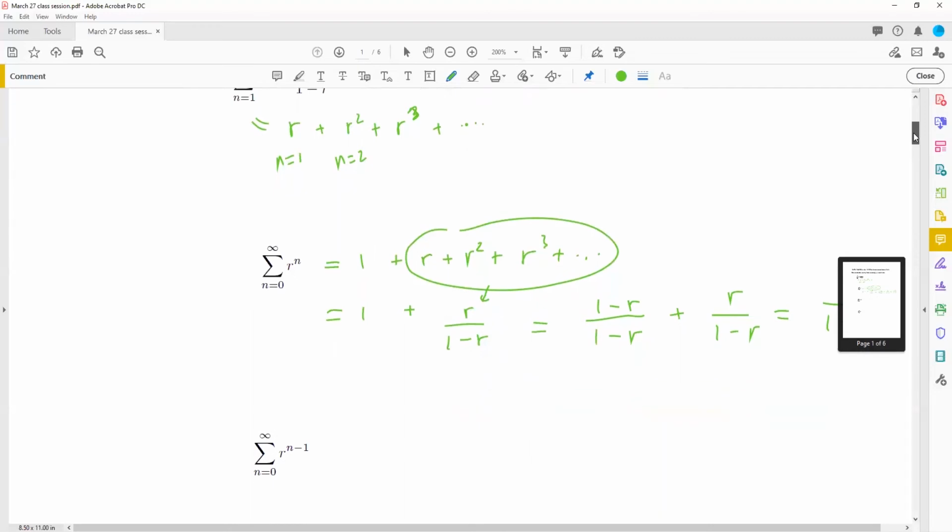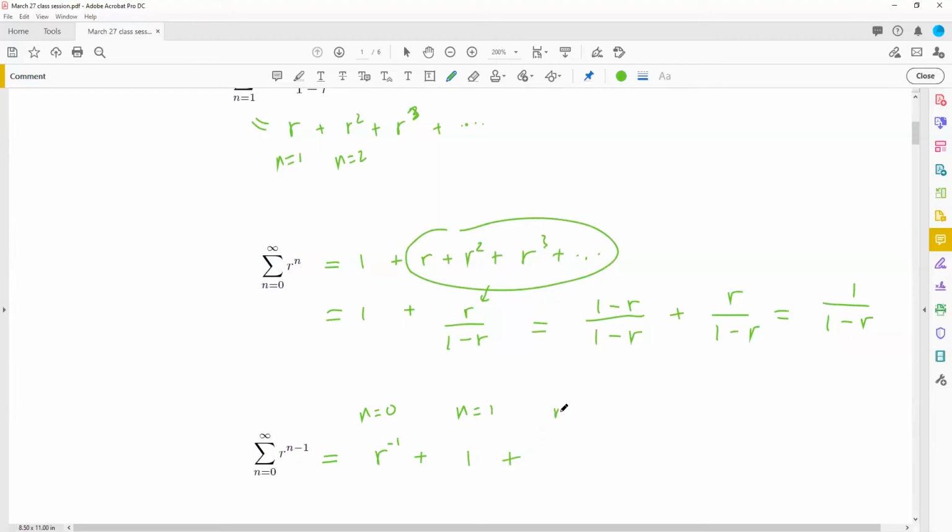Now, another case that might come up is where you've got this weird thing going on. This is r to the n minus 1, and that can confuse a lot of people. That's really nasty. So when n is 0, what is this? It's r to the minus 1. And when n is 1, you have r to the 0, which is 1.